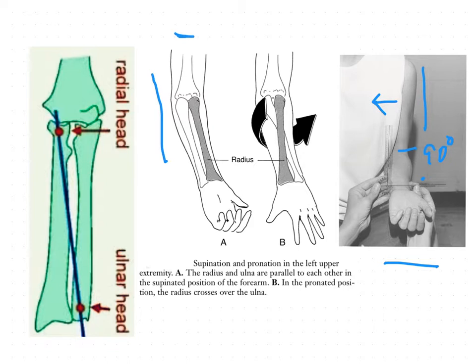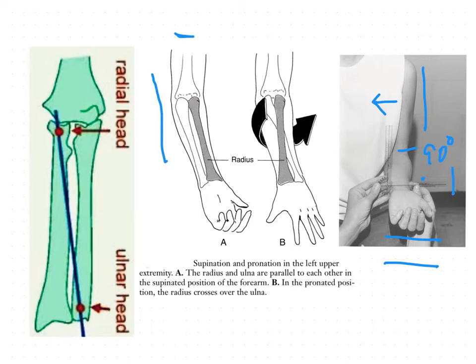Okay, so this is the position you have to calculate the range of motion of the radio-ulnar joint, and you have to maintain this position, that is elbow flexed at 90 degrees with the upper arm held against the trunk.